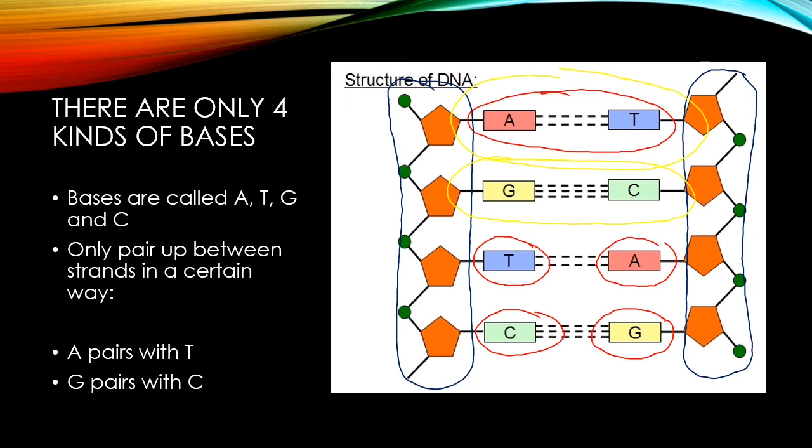We said the shape is called a double helix. A helix is a structure which some people call a spiral. A spiral is when you have a line like this here. When it's on a page or on a screen, it's 2 dimensions, and that's what we call a spiral.